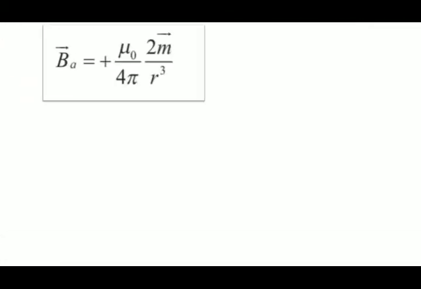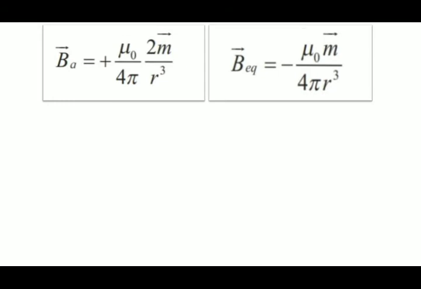So here we have concluded that we have two formulas, B axis and B equator. Now compare these two formulas. B axis is mu naught upon 4 pi, 2m upon r cube, and B equator is mu naught upon 4 pi, m upon r cube.